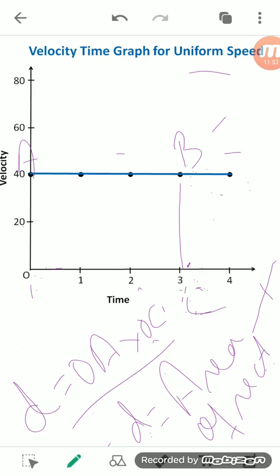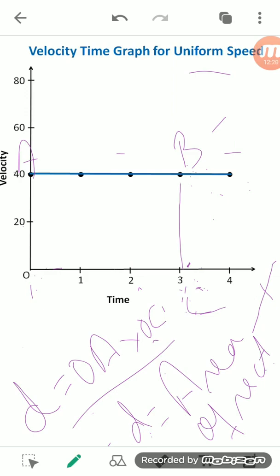This enclosed area is helpful in calculating the distance traveled by the body. So we can use either the velocity time graph or the distance time graph.